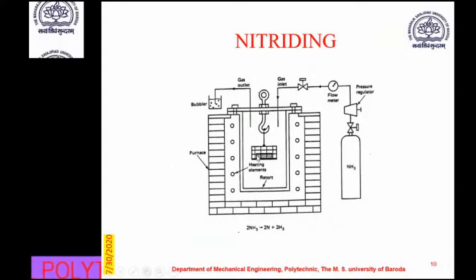And this is a confined, airtight area wherein ammonia gas is constantly given, that is, the chamber is filled with the ammonia gas, and it has only one outlet to go out. So this is a diagram that shows the different parts of the setup for the process of nitriding.